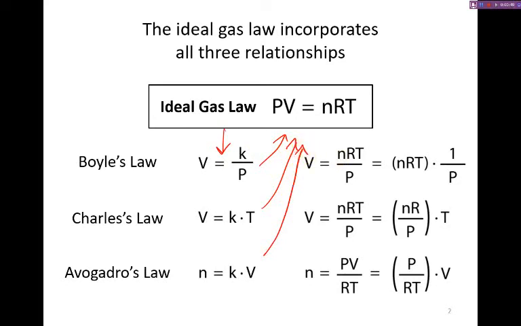law. Now, each of these relationships between volume and pressure, or volume and temperature, volume and moles, they have some constant. And really, we should call these K1, K2, and K3 because they're not the same constant. When we combine all three of these equations together, we also combine all three of the constants, K1 times K2 times K3, and that becomes what we now call R, which is the ideal gas law constant.